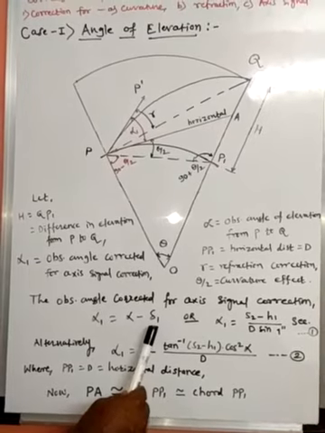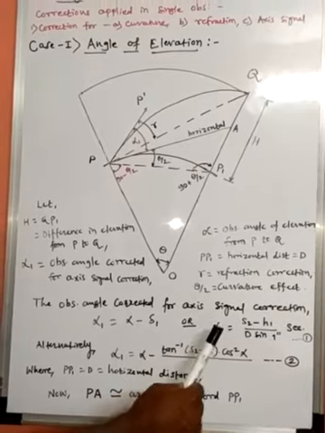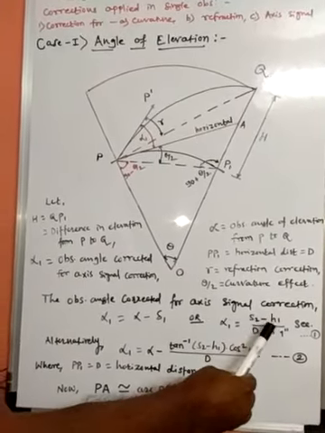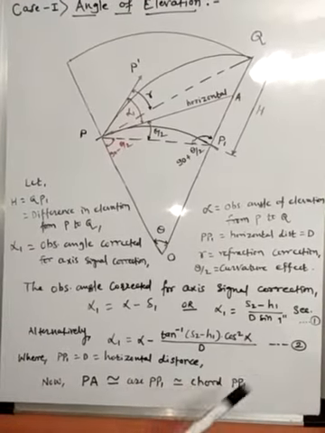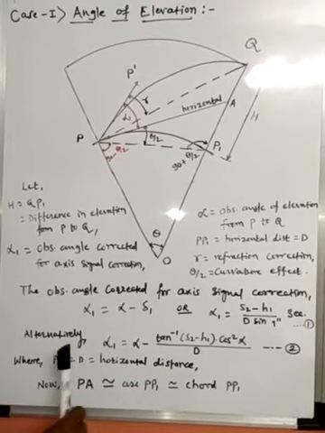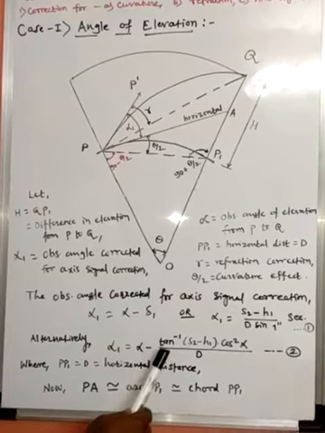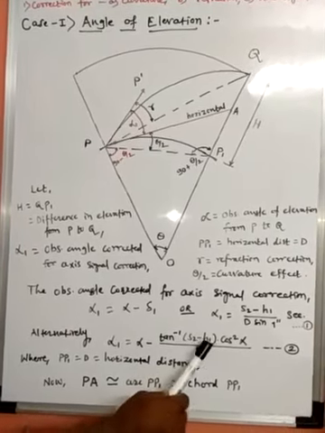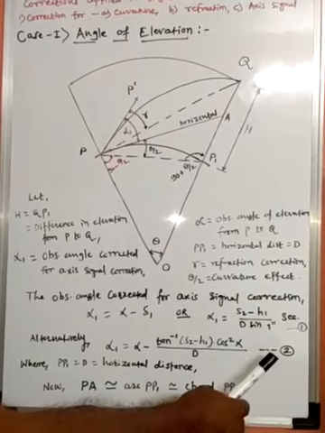So for the angle of elevation the correction is subtractive. The similar equation can be rewritten as alpha 1 equals s2 minus h1 divided by d sine 1 second, which is equation 1. The same equation can alternatively be written as alpha 1 equals alpha minus tan inverse of bracket s2 minus h1 into cos square alpha divided by d. This is equation number 2.